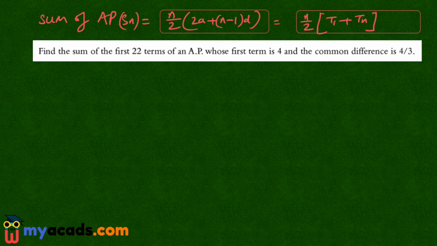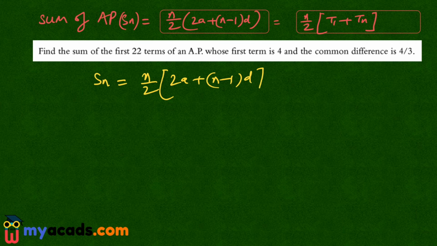My question says, find the sum of the first 22 terms of an AP whose first term is 4 and the common difference is 4 by 3. Now my sum of n terms is given by n by 2 multiplied by (2A plus (n minus 1) into D).